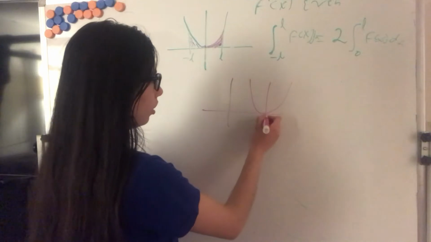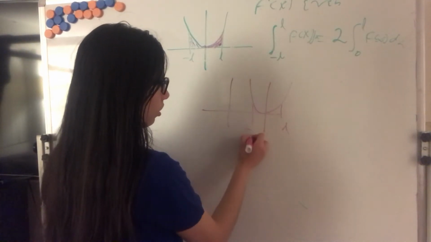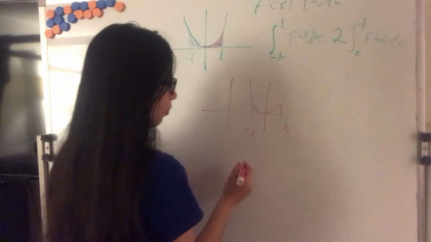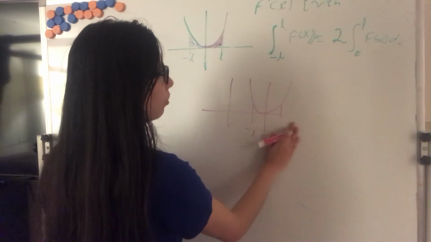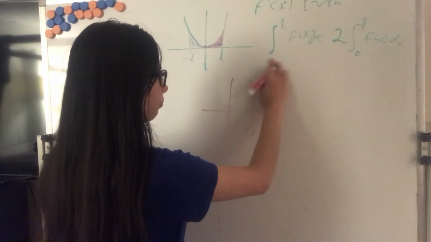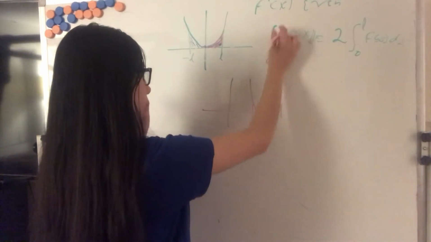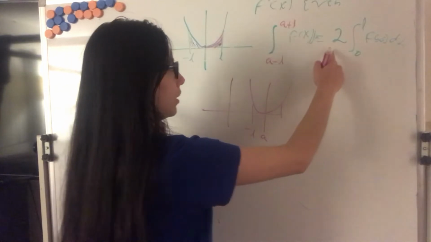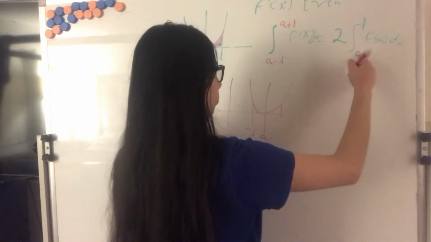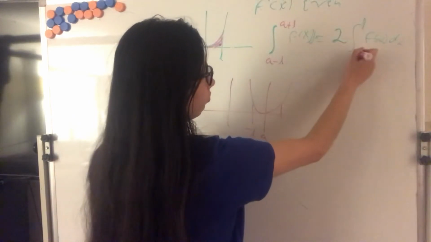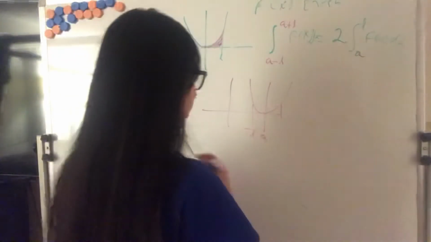If you are integrating, let's say here's A, from A minus L to A plus L, it is the same as 2 times the integral from A to L, something like that.